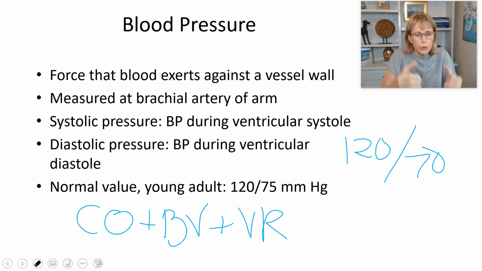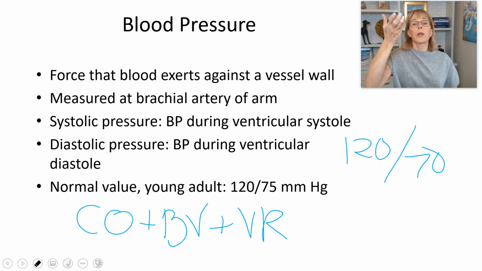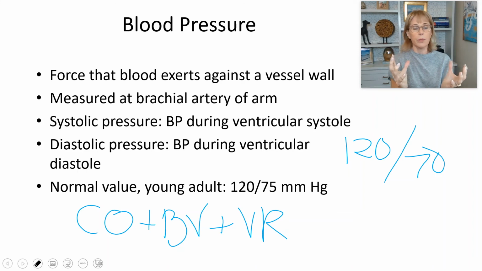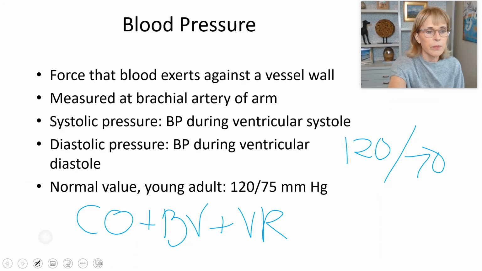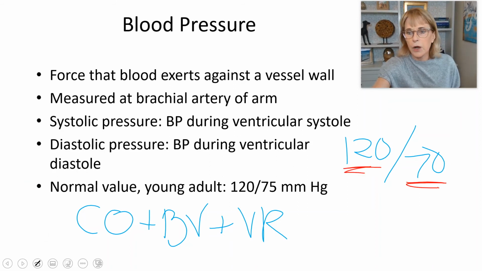When your ventricles go whoosh, then this big pulse of blood goes out into your arteries, and that'll cause your blood pressure to go up for a second. And then when your ventricles are in diastole, there's no pressure in your ventricles, then there's a rebound moment. So the blood pressure during systole is higher, and it is the first number. The blood pressure during diastole is lower, and it's always the second number.